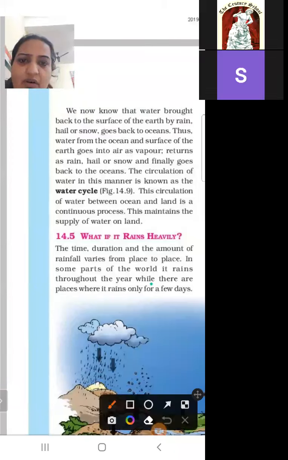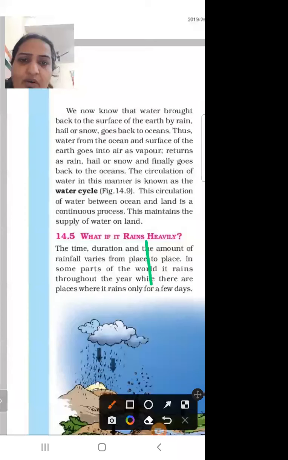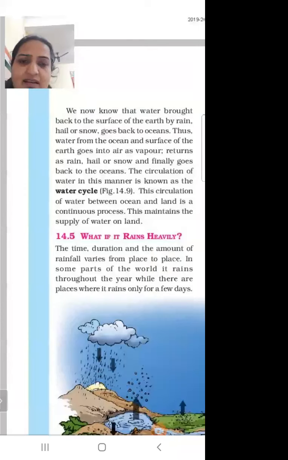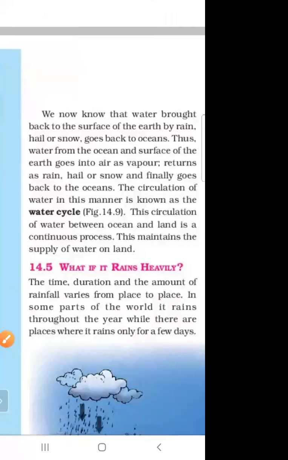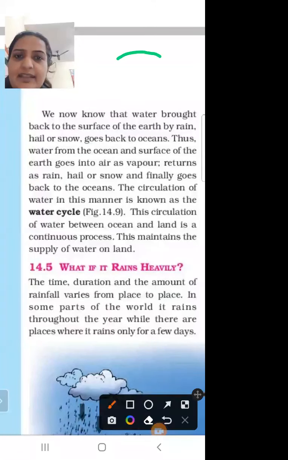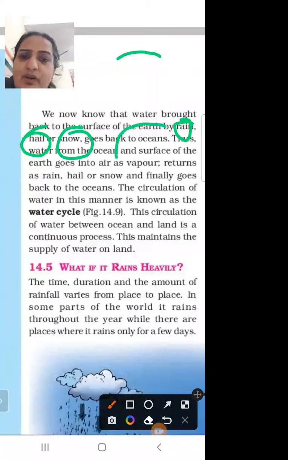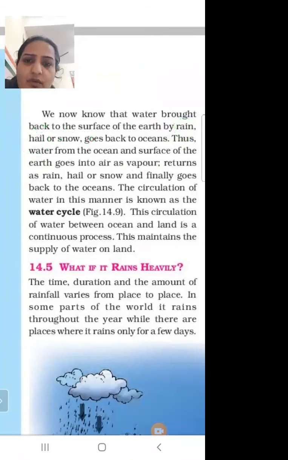So thus, as we know, when water comes back in the form of rain, hail, or snow, these waters go into the ocean.